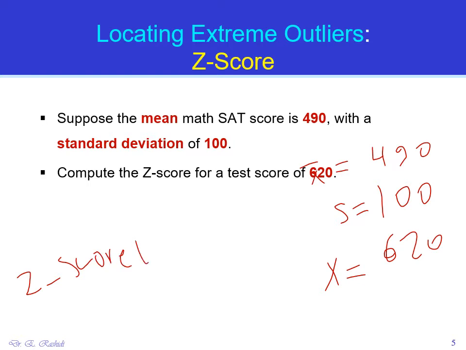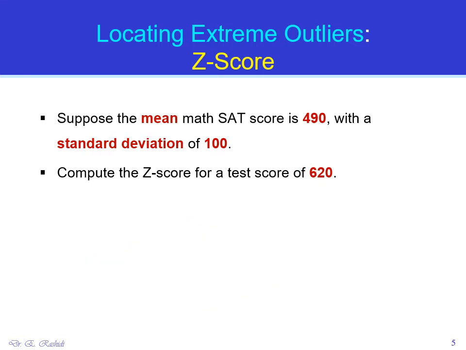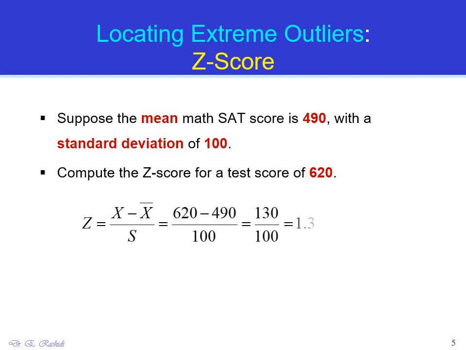Z-score for 620 is 620 minus the average, which is 490, divided by the standard deviation, which is equal to 1.3. So what does this 1.3 mean?